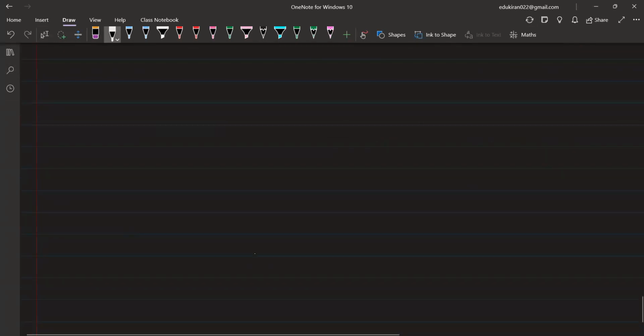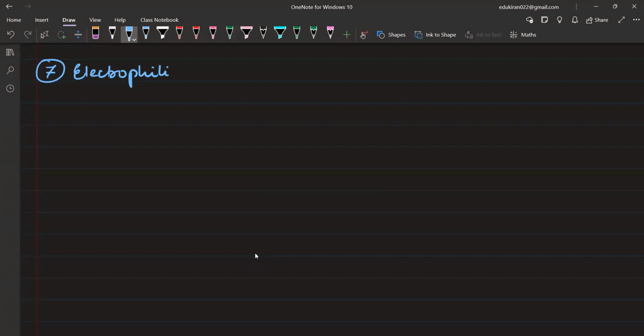Moving on. Right, the 7th, that is electrophilic aromatic substitution of aniline.